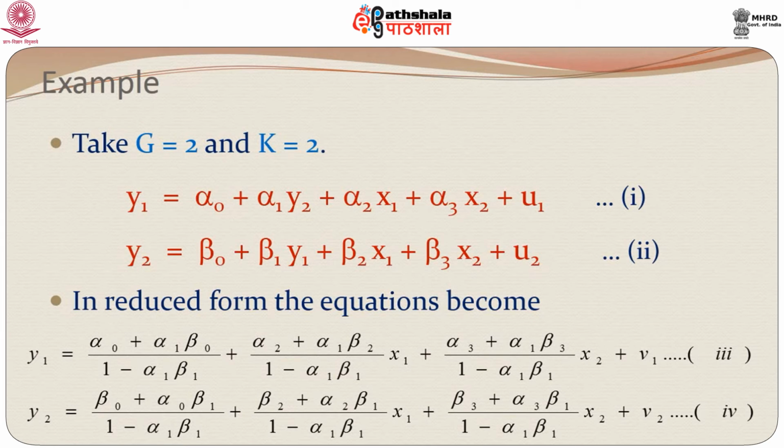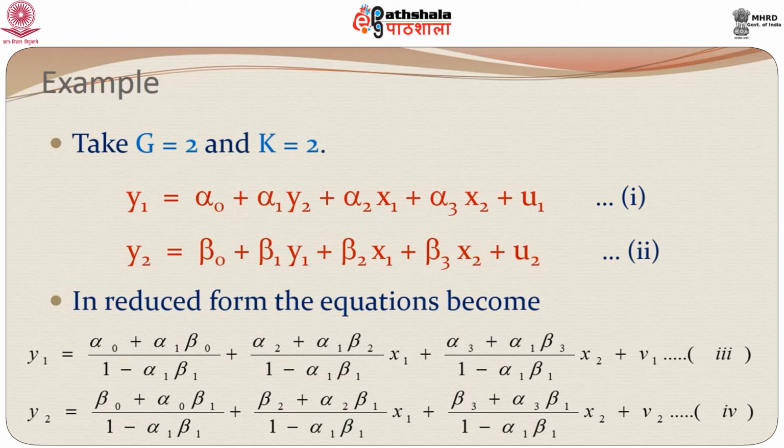So, you get the equation 3. Similarly, take y1 from the first equation, substitute that on the right hand side of the second equation, and then simplify and you get equation 4, which is y2 in terms of x1 and x2.